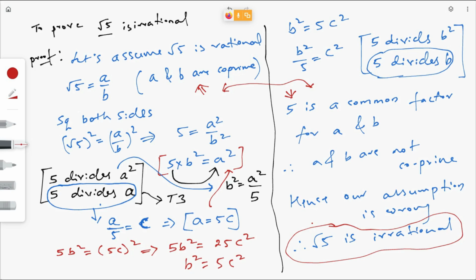So I took root 5 as a rational number, and then root 5 can be written as a by b. Then I did squaring on both the sides, did some calculation and simplification, but later what I got contradicts our assumption. So our assumption is wrong.